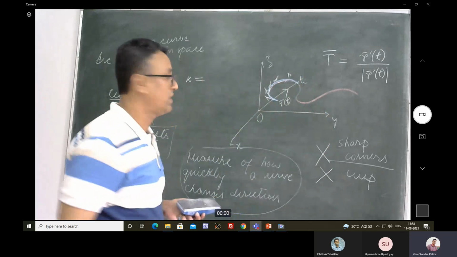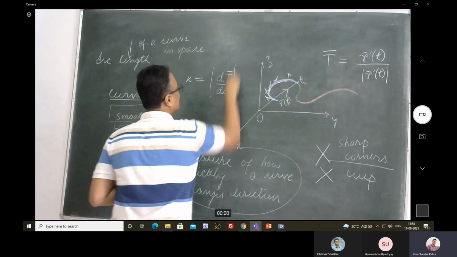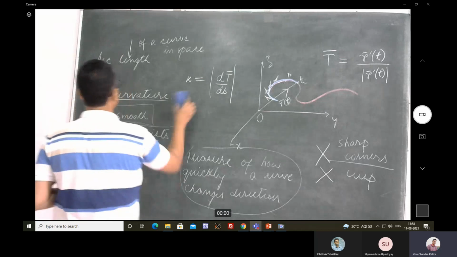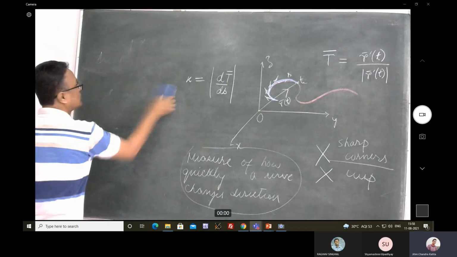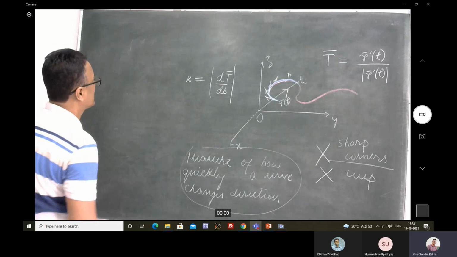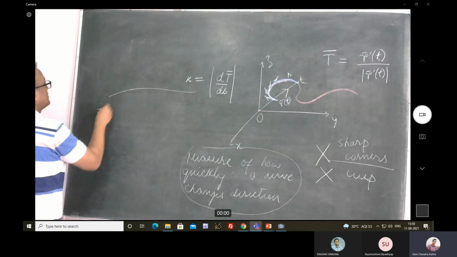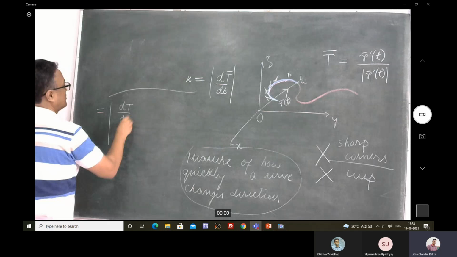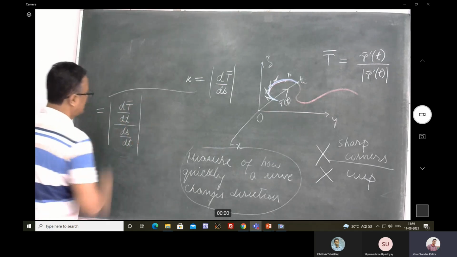Again, S is a function of t, right? So this curvature is defined as the magnitude of dT by ds. Now this one I can further decompose as dT by dt times dt by ds, right?